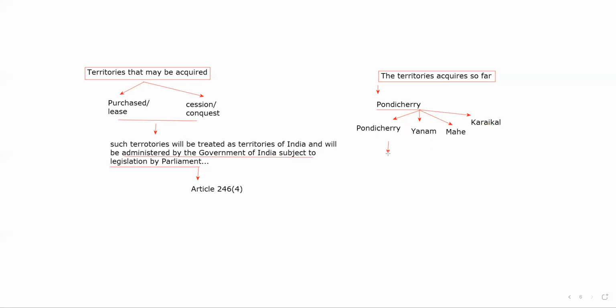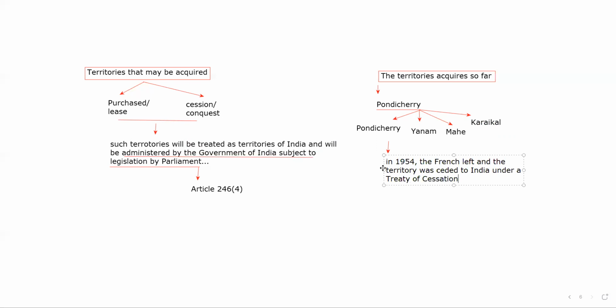Now what happened in 1954? The French left India and the territory was ceded to India under a treaty of cession.